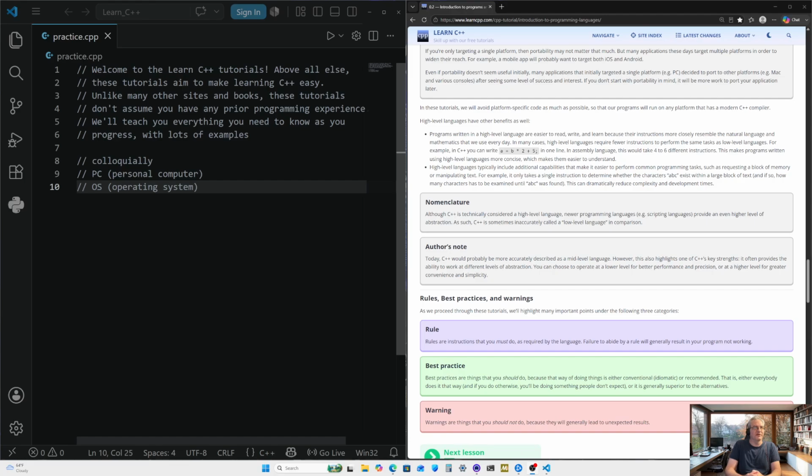This makes programs written using high-level languages more concise, which makes them easier to understand. High-level languages typically include additional capabilities that make it easier to perform common programming tasks such as requesting a block of memory or manipulating text.